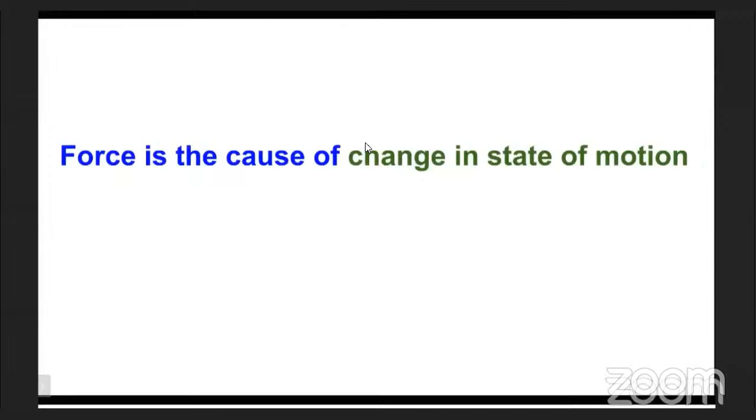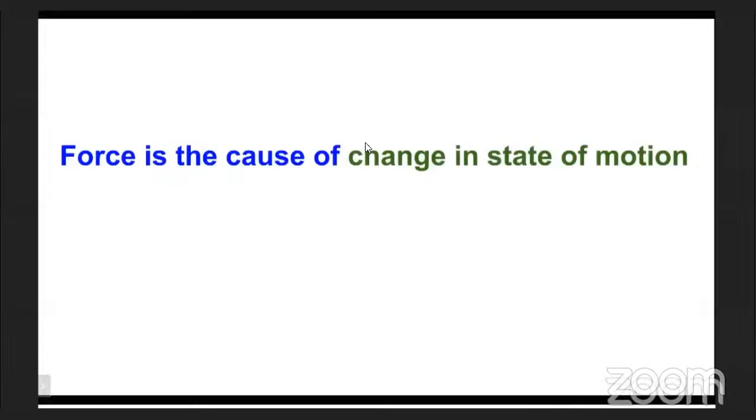So force is a cause of change in state of motion. That means force can change a moving object to come to a stop, or also force can change a rest body to move. So here force is the cause of change in state of motion.